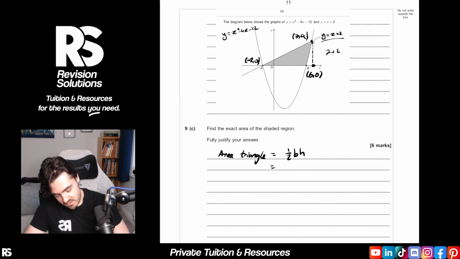So -2 to 7 would be a base of 9. So a half times 9. Then the height goes from 7, 0 to 7, 9, which is another 9. So half times 9 times 9. 9 times 9 is 81. So it's going to be 81 over 2 for our triangle.